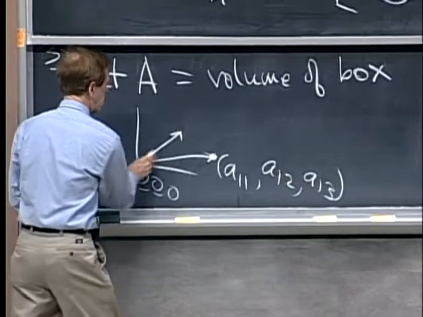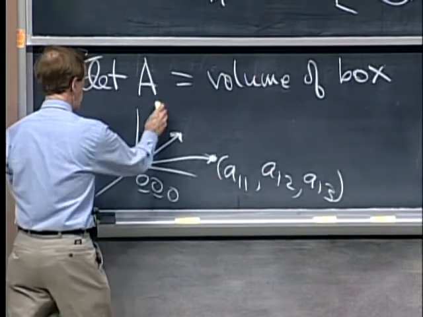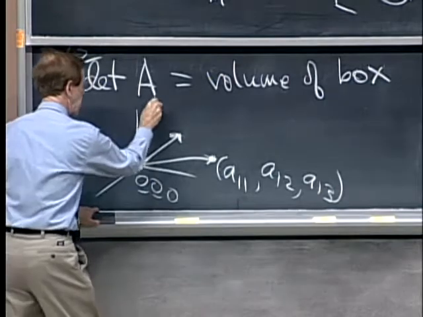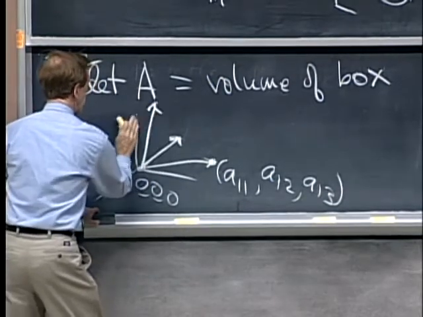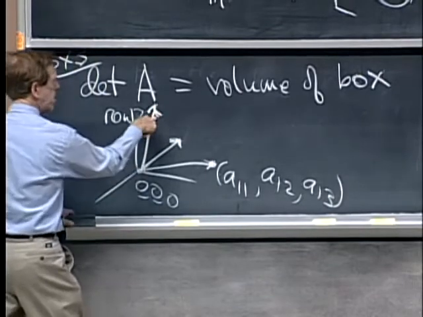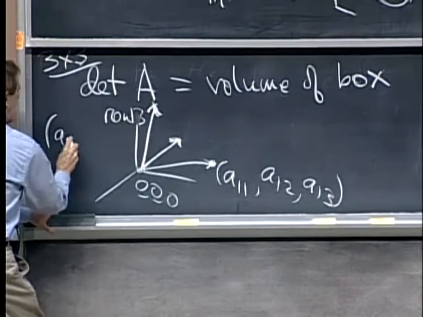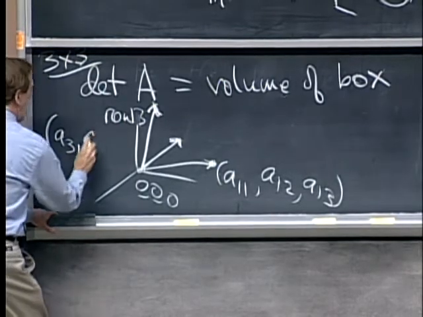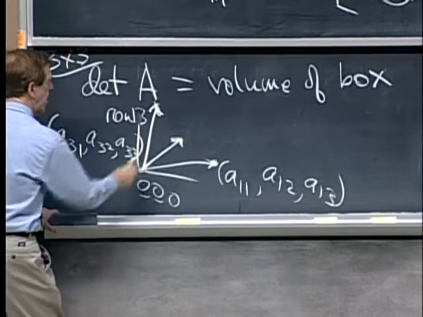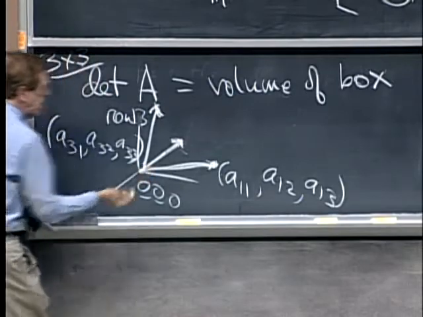And a third edge of the box will be given by row 3. So there's row 3. What are the coordinates of that corner of the box? A31, A32, A33. So I've got that edge of the box, that edge, and that edge, and that's all I need.